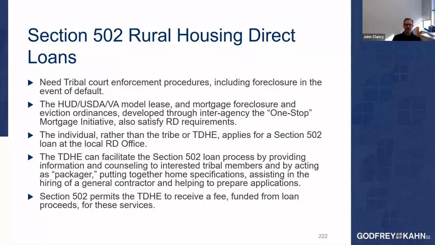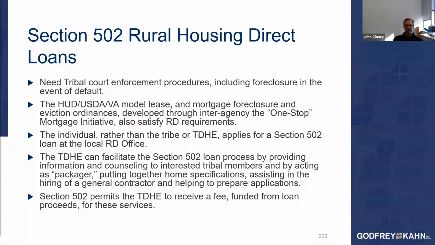So the TDHE can facilitate the process by providing information and counseling to members so they can understand how the program works, and by acting as what they call a packager, putting together the materials for the loan package, assisting in hiring a general contractor to build a home, and helping prepare the applications for the loan.